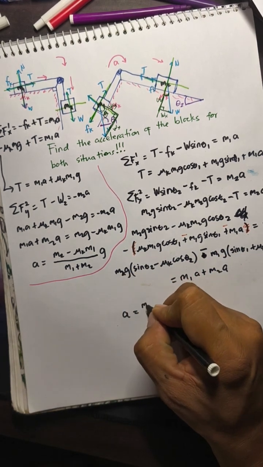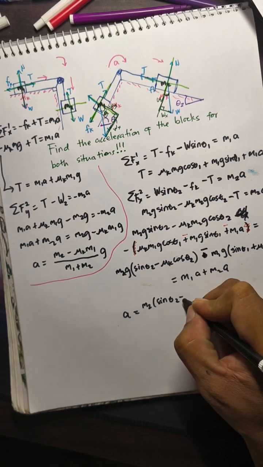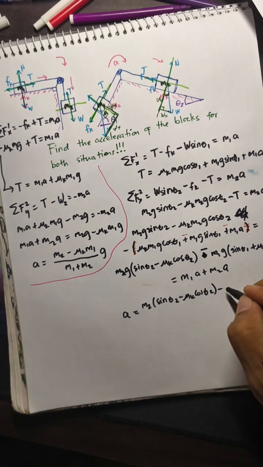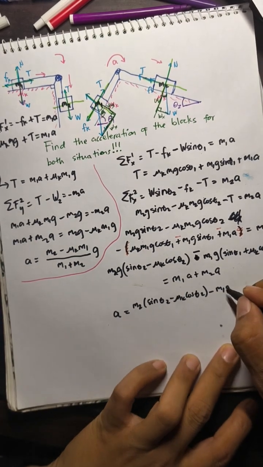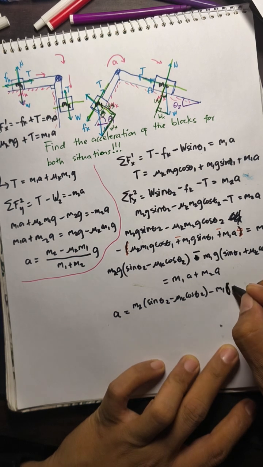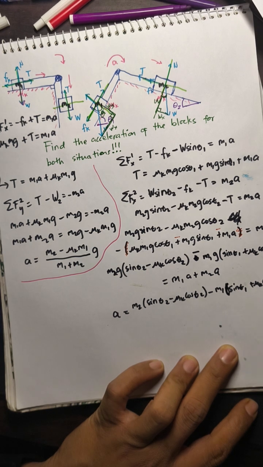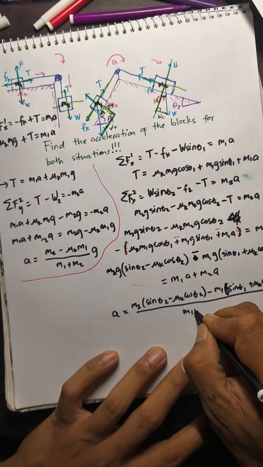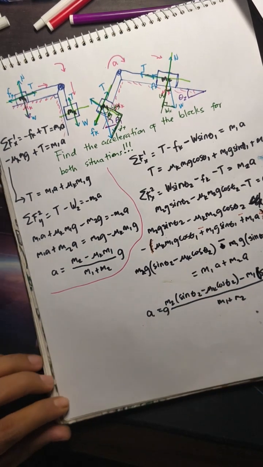So that would be m2 times sine of theta 2 minus mu k cosine of theta 2 minus m1. Sorry, there's no g here. m1 sine of theta 1 plus mu k cosine of theta 1 over m1 plus m2 times, there's g here. I want to write that again.